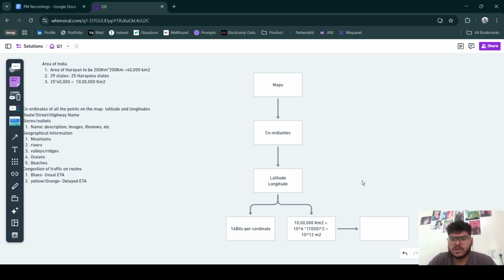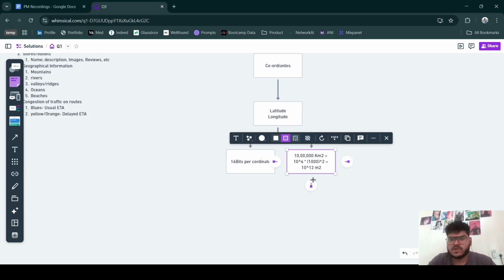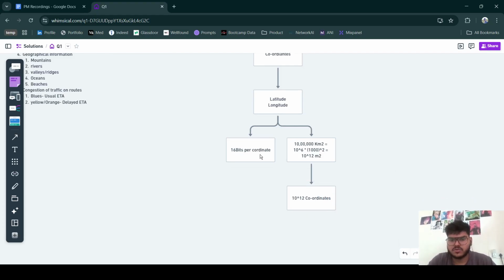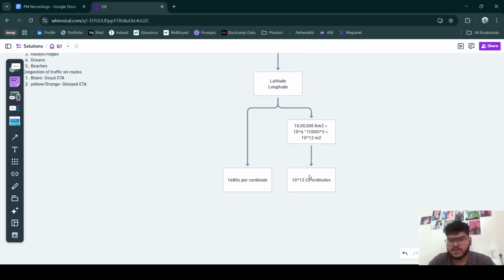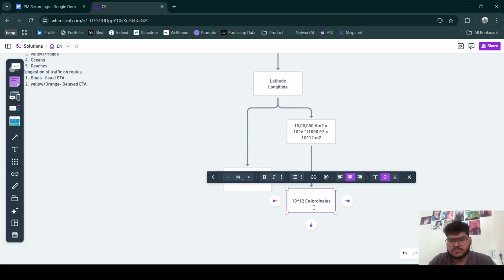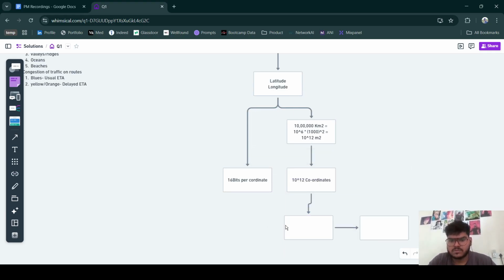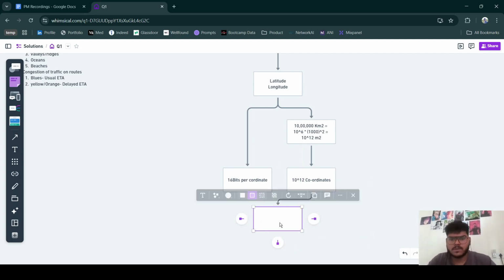Of area. And if each meter square of area is going to have a coordinate, that will be around 10 to the power 12 coordinates, and each coordinate is occupying 16 bits, then it will have around 16 times 10 to the power 12 bits of space.